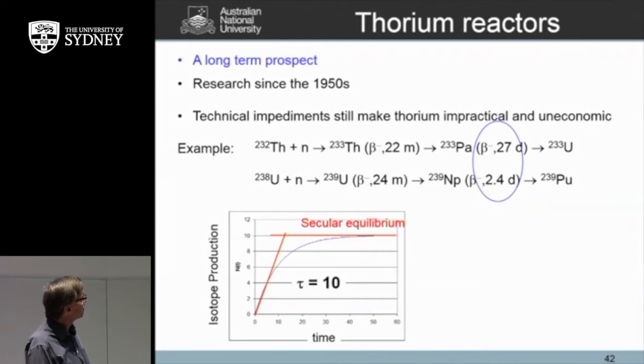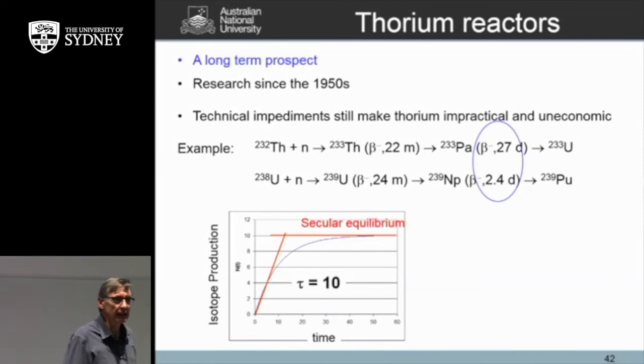In the uranium case, it's 2.5 days, but in the thorium case, it's 27 days. Now, if you want to wait, say, 10 half-lives to get all the neptunium converted to plutonium, you only need to wait a month. But in the case of the thorium, you have to wait closer to a year, and that then becomes a nuisance and makes it just less favourable.